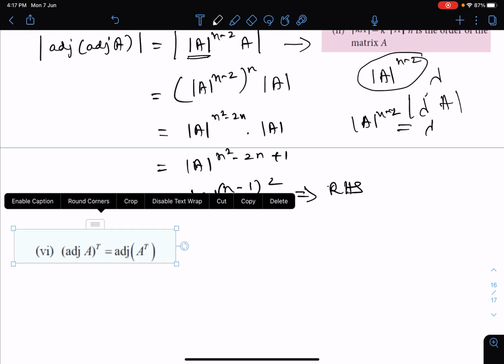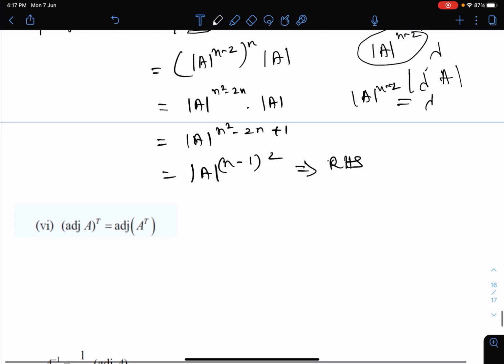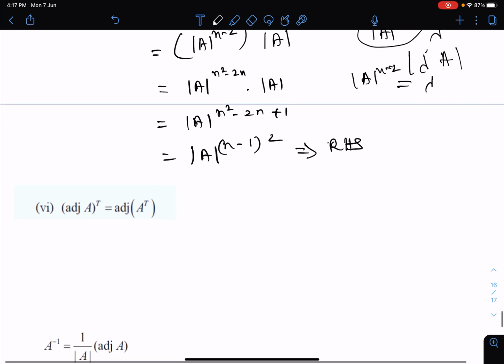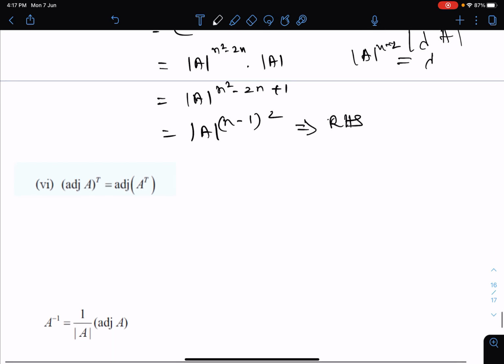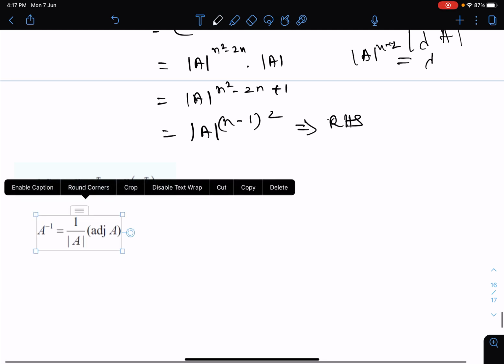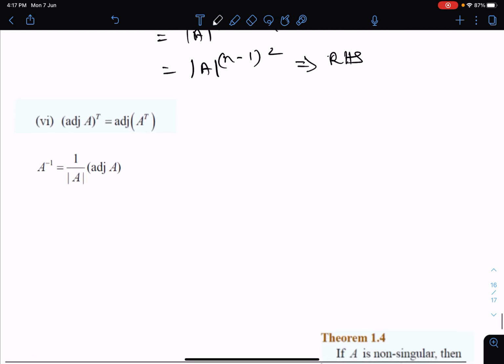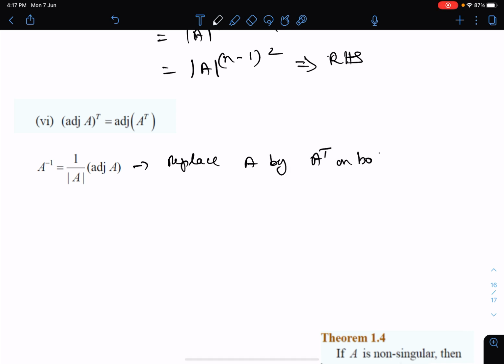Next one, the sixth one: adjoint A the whole transpose equal to adjoint of A transpose. Okay, for this you are going to take our A inverse formula, and from that only you are going to proceed. Now in this formula you are going to replace A by A transpose on both sides, because we have got transpose here.